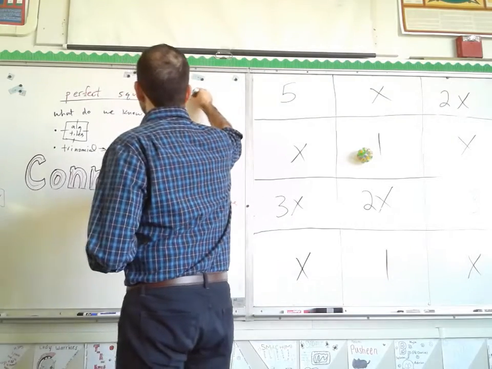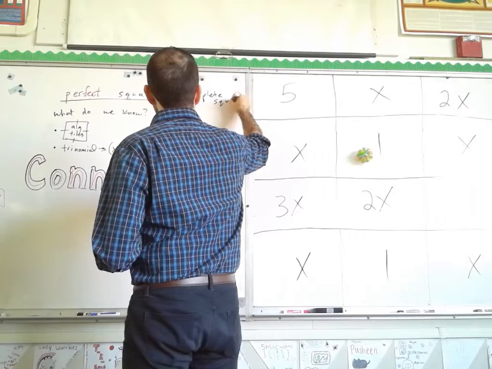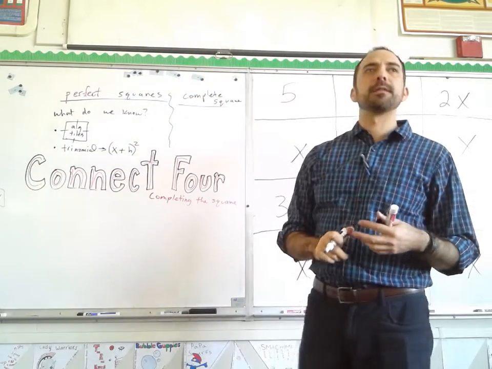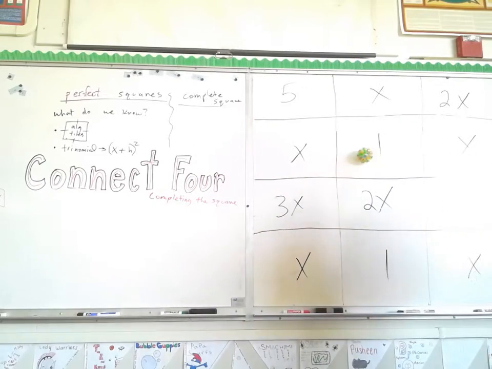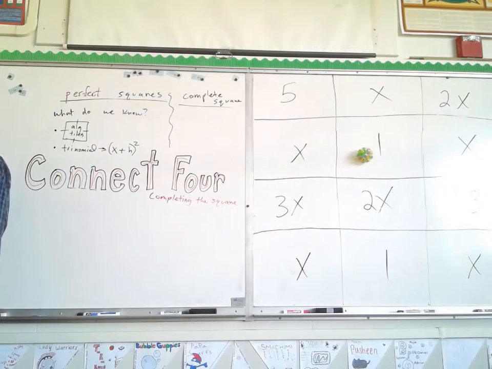When we complete the square, what do we end up with sometimes? Those things on the outside, what can we call this? What do you think?